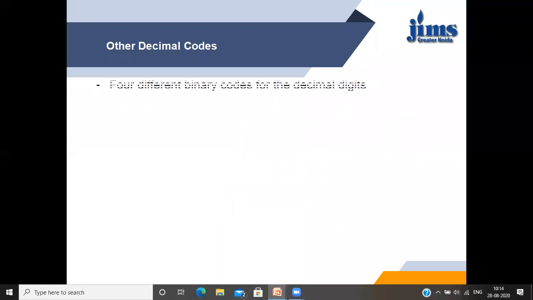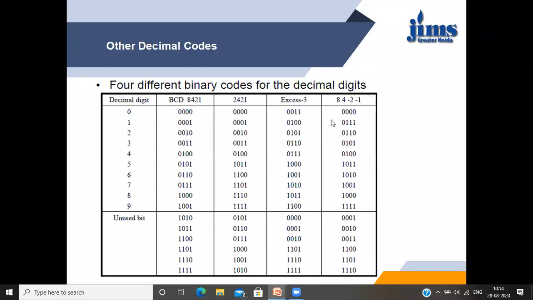So we can look into the table that there are 4 further different binary codes for the decimal digits, which are widely used to represent decimal numbers.